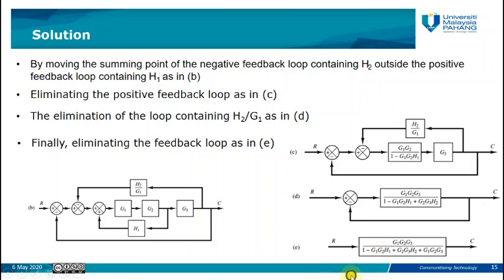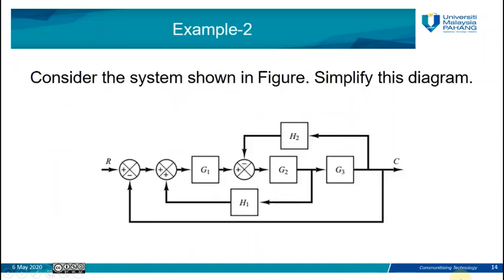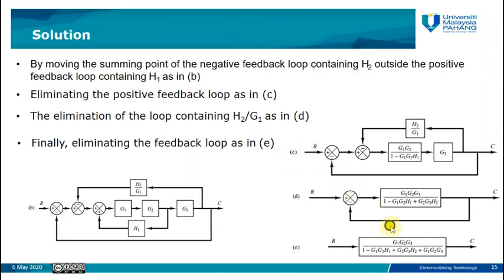As we can see, we simplified the complicated control system with multiple subsystems G1, G2, G3 and multiple feedbacks H1, H2 into a single block with a single transfer function. This represents the equivalent transfer function with one input, R(s), and one output, C(s).